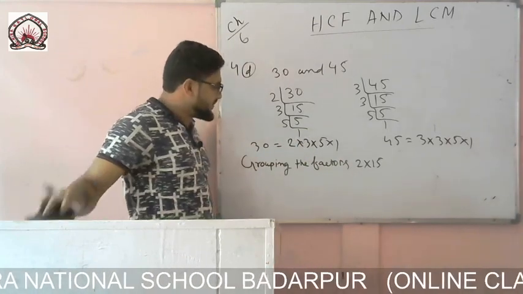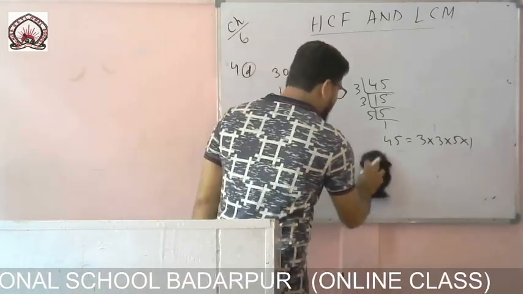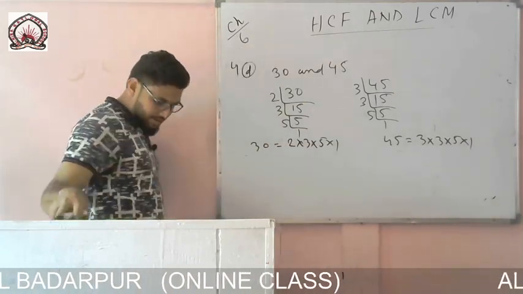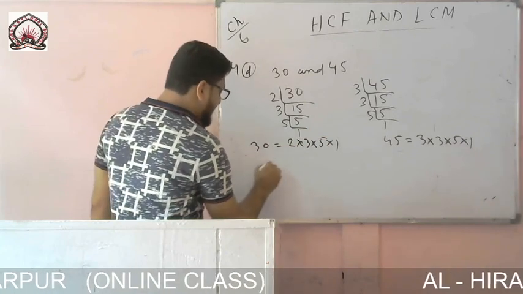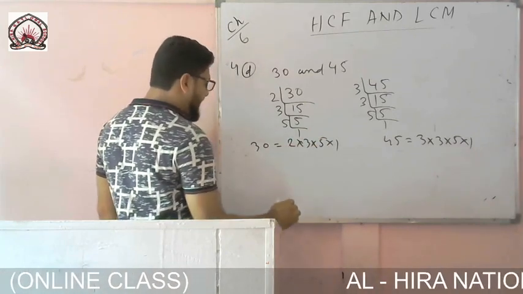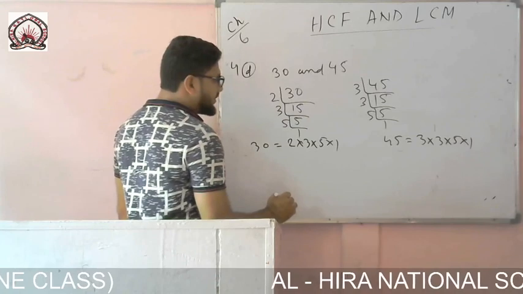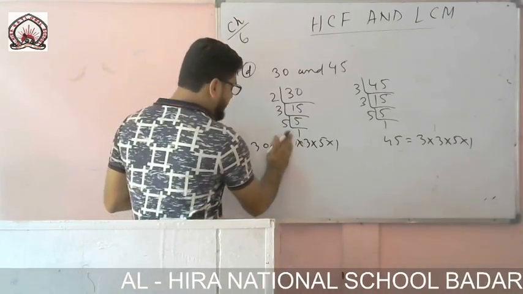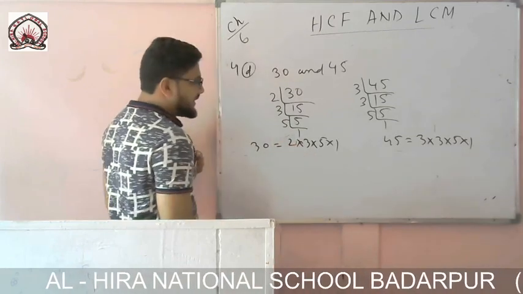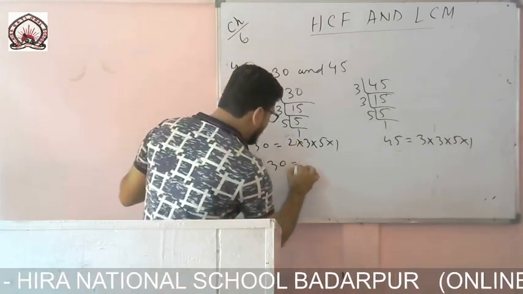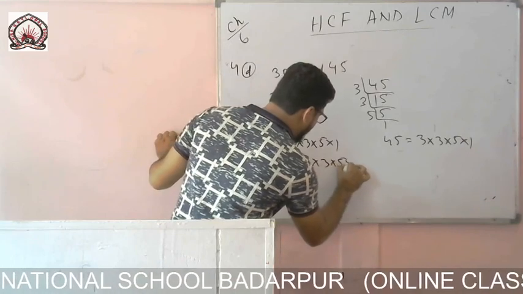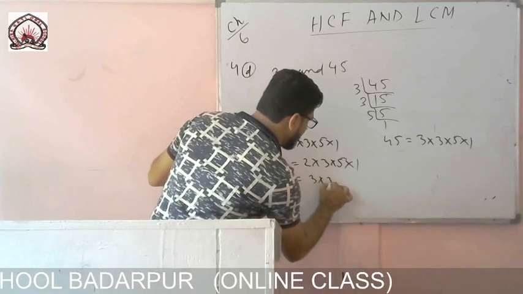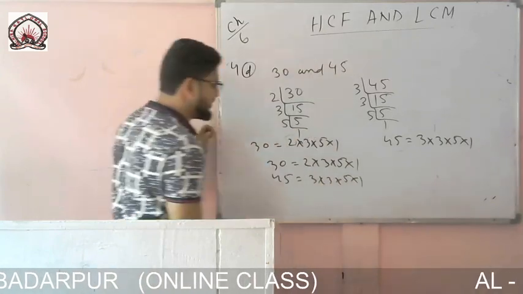One thing you do here: grouping the factors, that means you don't write this one, first you write that one. So write like this: 30 equals 2 into 3 into 5 into 1, and 45 equals 3 into 3 into 5 into 1.